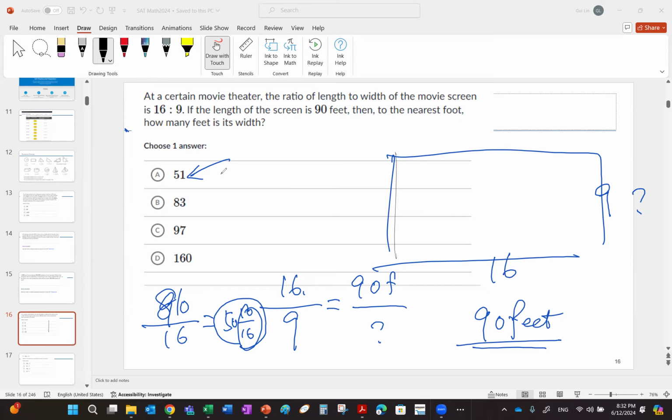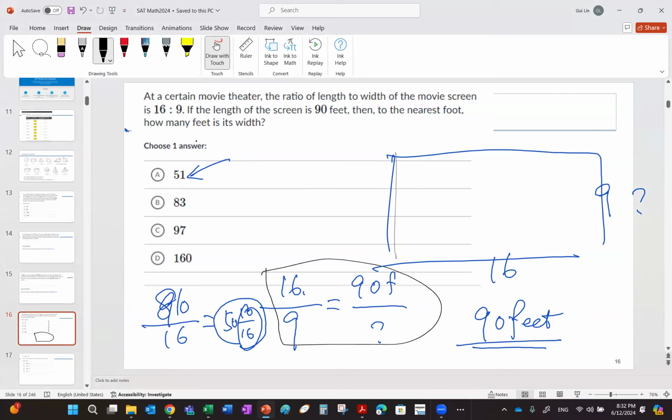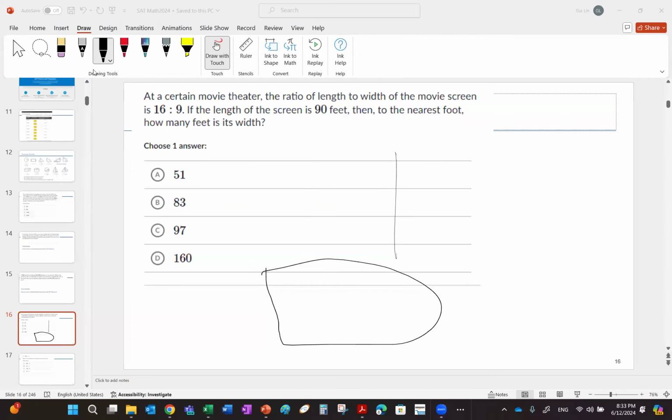Sounds good? So this is a proportion question. They didn't give you this kind of question directly, but translated it into a real problem question, right? So you need to translate it first. All right, let me clean the drawing. What's going on here? Draw something.